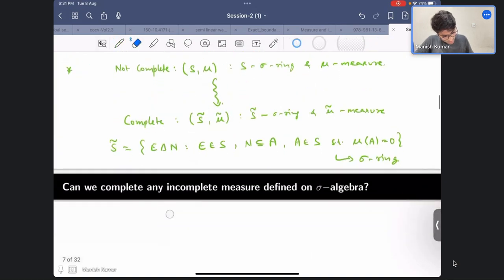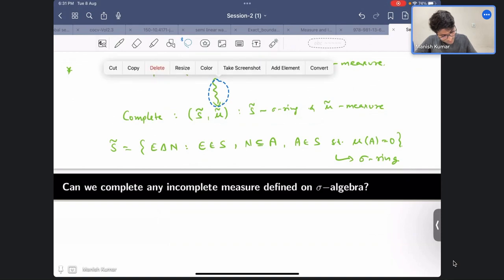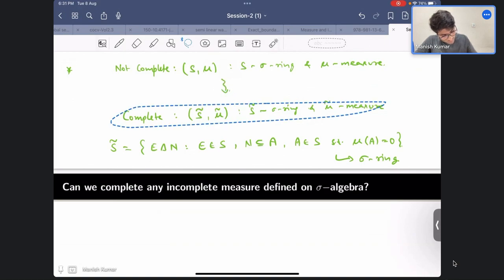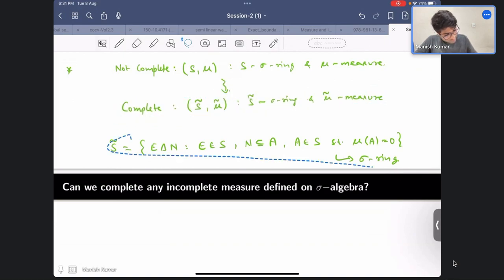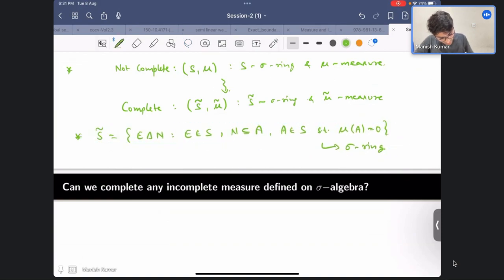So with this definition, mu tilde of E symmetric difference N should be equal to mu of E, right?